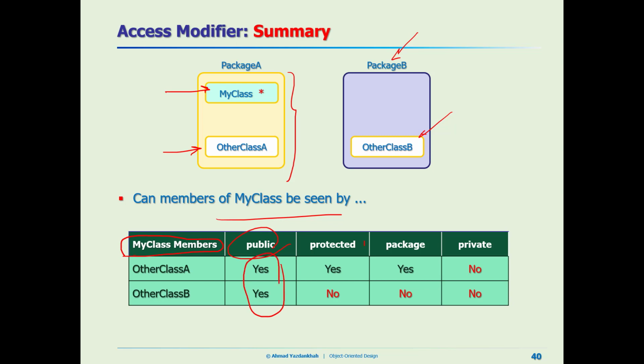If the member is protected, only the class A can see, which is located in the same package. The same thing happened here. If it is package modifier or default modifier, you see it can be seen in the other class A here, but not here. So the same as the protected. And if it is private, so if it has a private member, nobody can see that. All right.